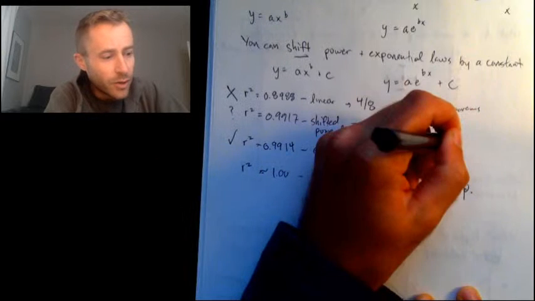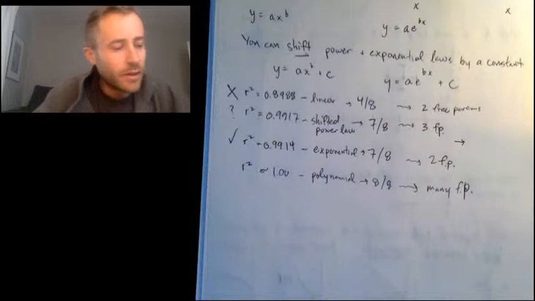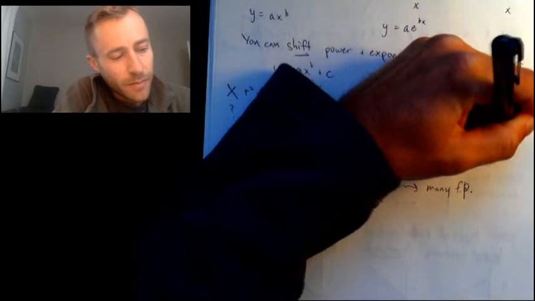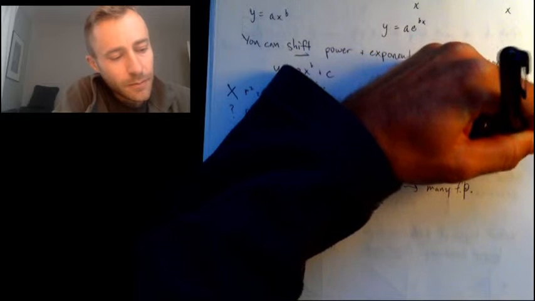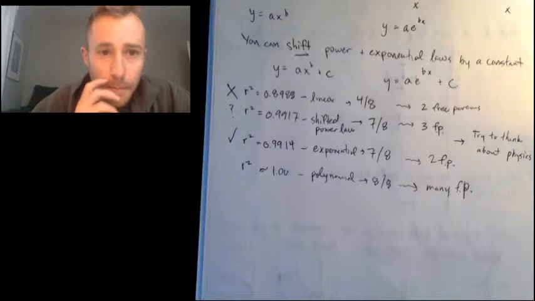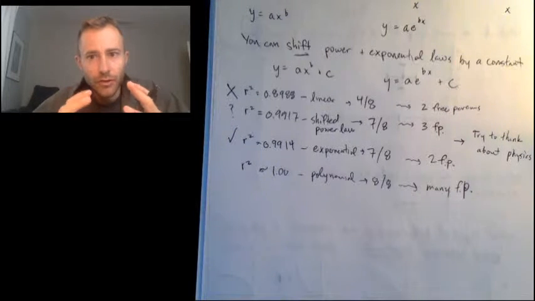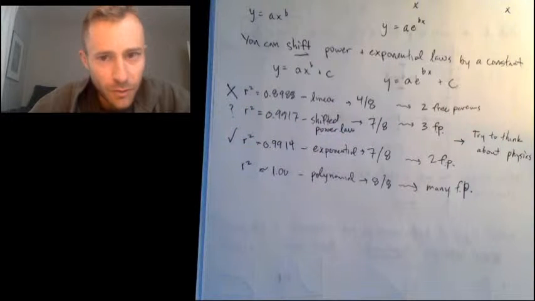So if you have 2 models that are really close, you try to think about the physics. Does the physics suggest one or the other? And then I would go with that one as my model.